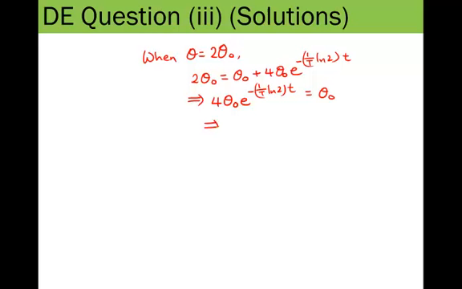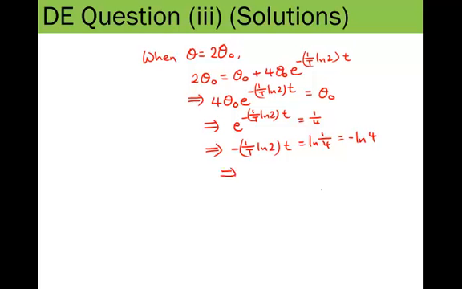And this gives us e to the power of negative 1 over T ln 2 multiplied by small t is equals to 1/4. Applying the ln function on both sides of the equation, I get negative 1 over T ln 2 multiplied by small t is equals to ln 1/4, which is just equals to negative ln 4.